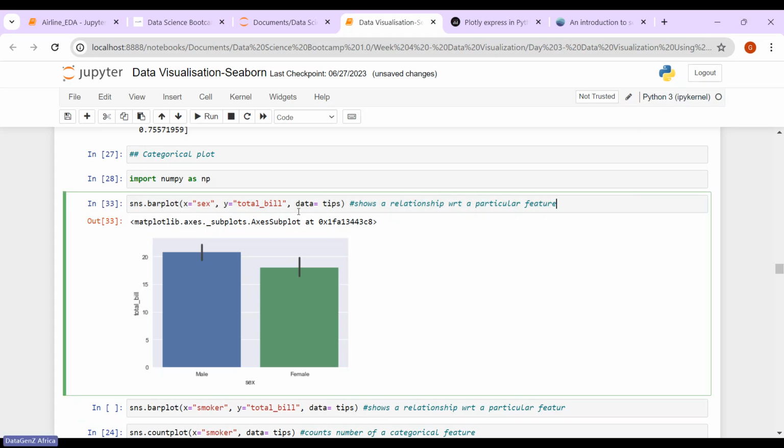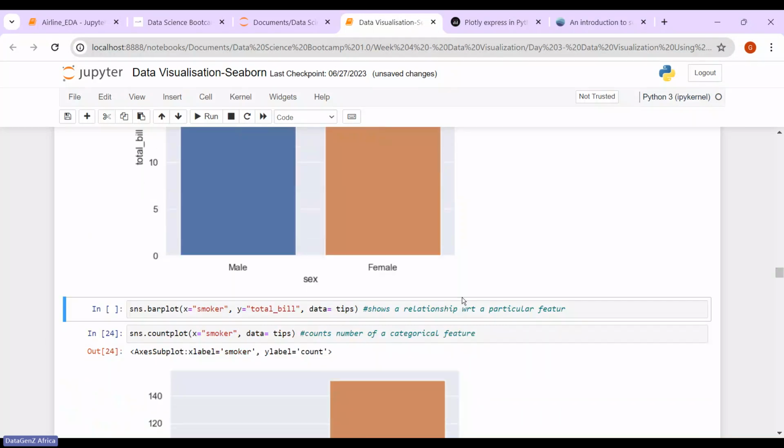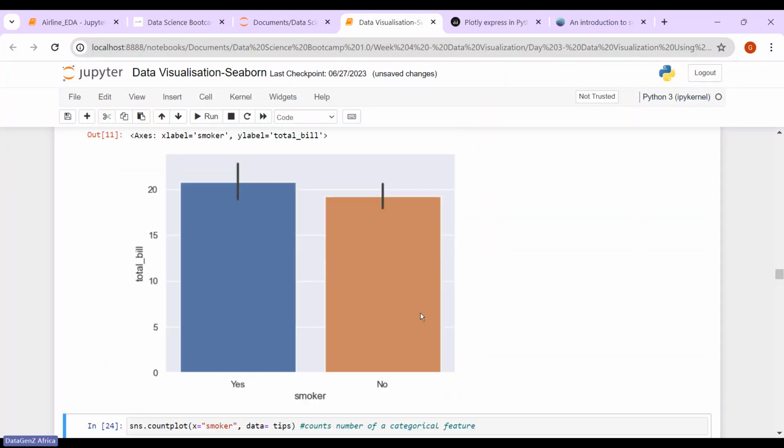So here I just want to check the bar plot and total bill. Here I want to check the relationship between the bar plot and smokers. Now you can see that the people that actually smoke spend more on food compared to the people that do not smoke. So this was not obvious when we were just looking at the tabular data. But because we are plotting graphs, it's showing us some key relationships between our data sets. All right.